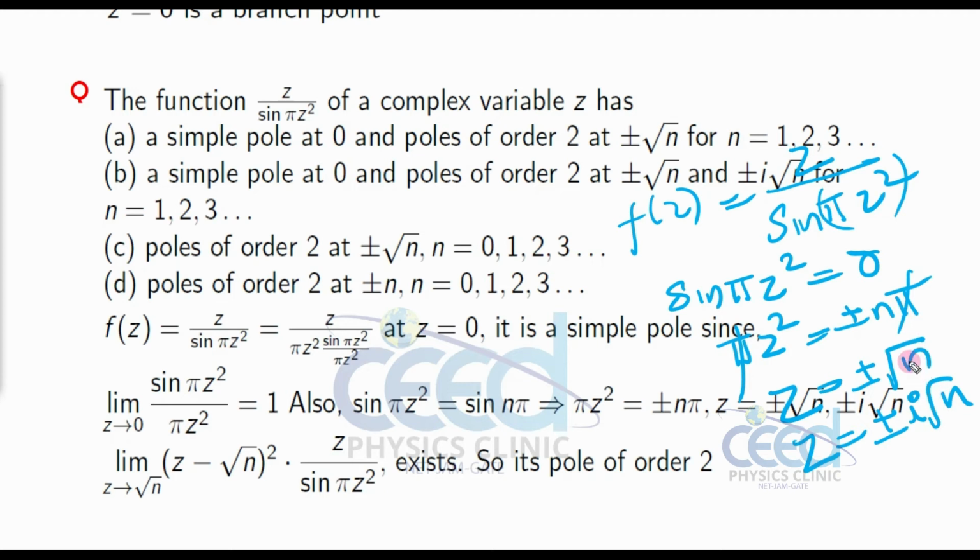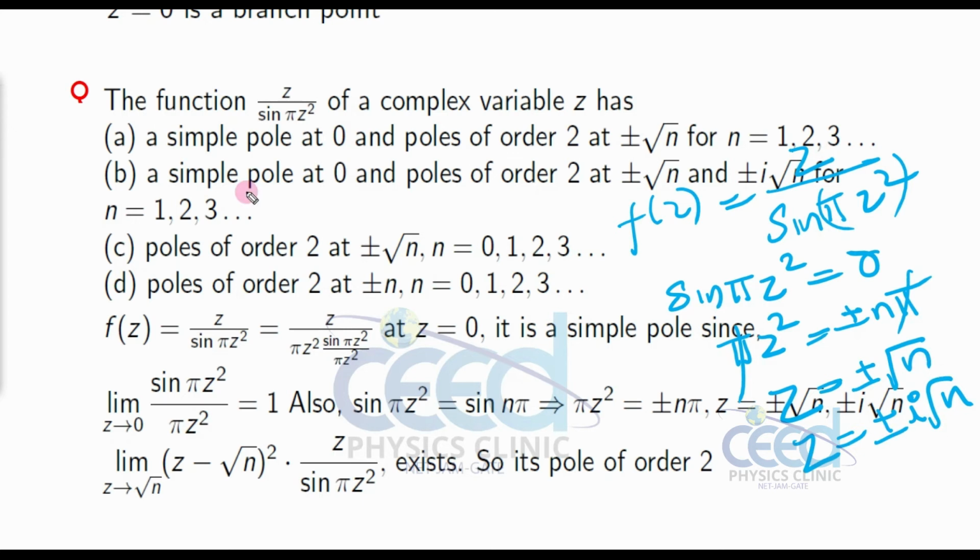See, it is a pole of order 2. Okay, so I can have the option here. We have two sets of poles here, one is plus or minus root n, other is plus or minus i root n, right? So this is a pole of order 2 here, and those values are also given.